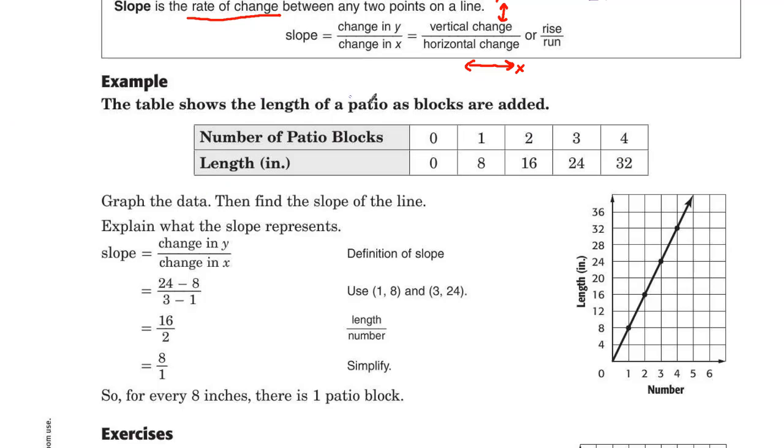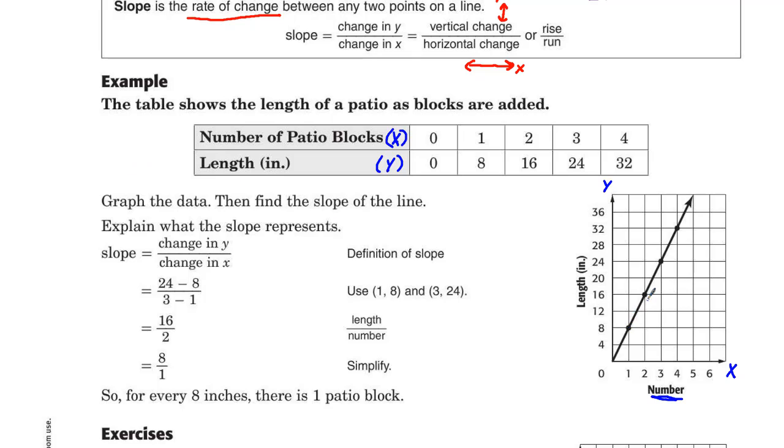Before we go any further, let's go ahead and label this as the x-axis, and you can actually see it down here, the number of blocks, and this as the y-axis. And that would make sense. The number of blocks would control the number of inches. So whenever we have an xy graph, the x value is the independent and the y value is the dependent.